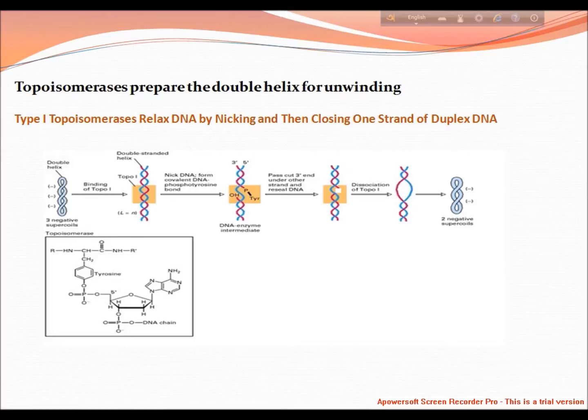One of the most essential topological problems occurs at the very end of replication, when the sister chromosomes must be fully disentangled before mitosis occurs. Topoisomerase 2A plays an essential role in resolving these topological problems. Type 1 topoisomerases cleave just one strand of DNA, whereas type 2 enzymes cleave both strands.